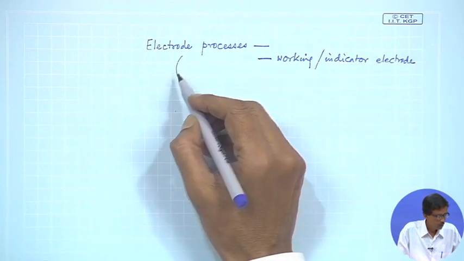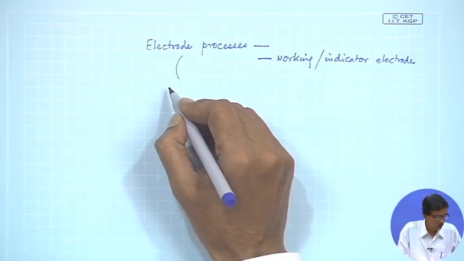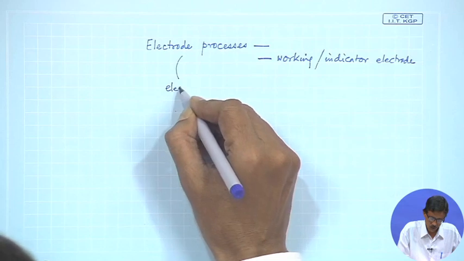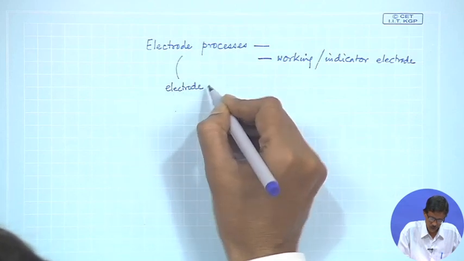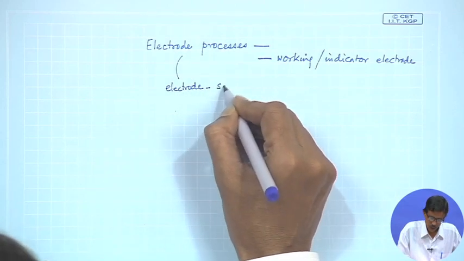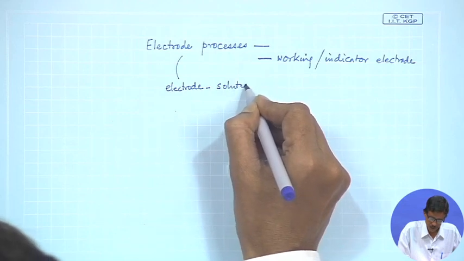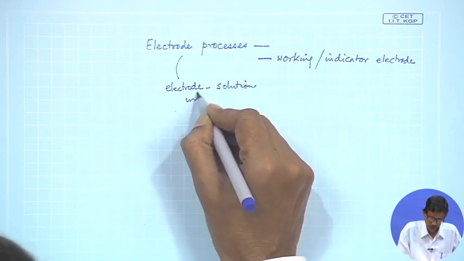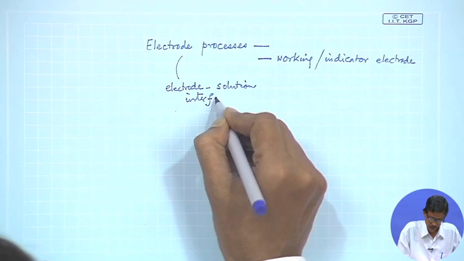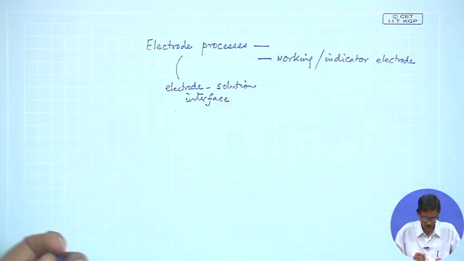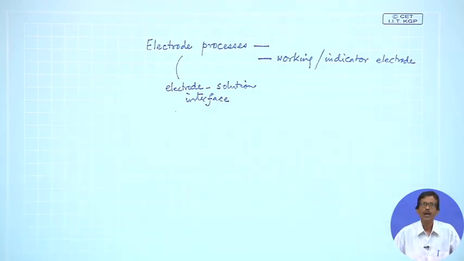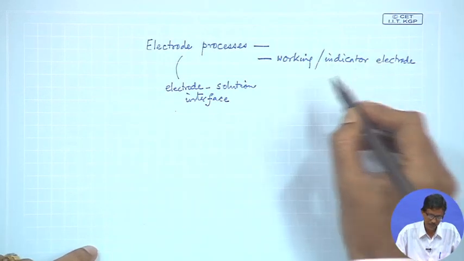That is why, basically what we are looking for is not only the electrode, but the electrode and the analyte solution interface. So, how that particular interface is important and how these are important in terms of the electron transfer reactions.